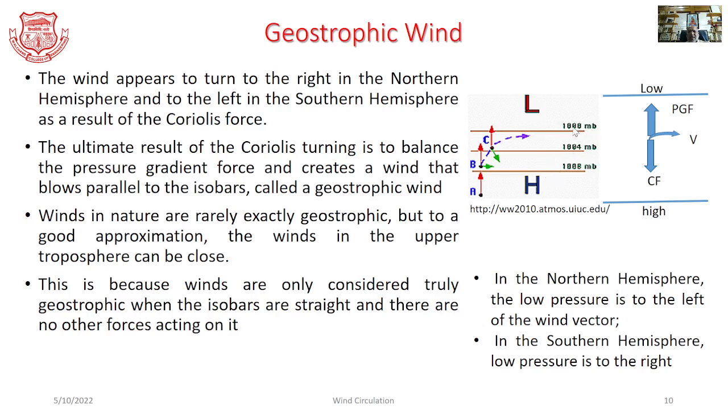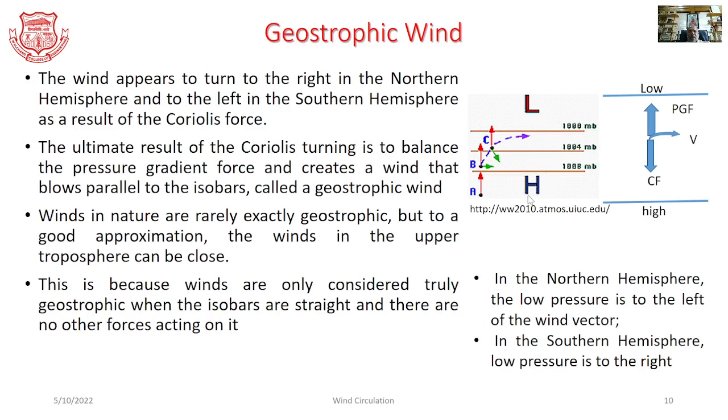As we consider these isobars, due to the effect of Coriolis force, this wind turns to rotate. It appears to turn to the right in the northern hemisphere and to the left in southern hemisphere.